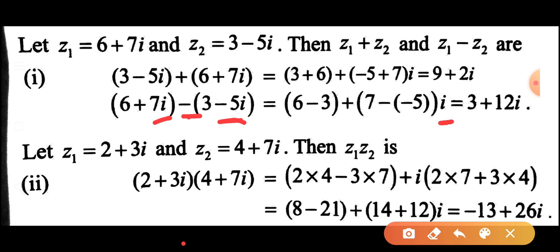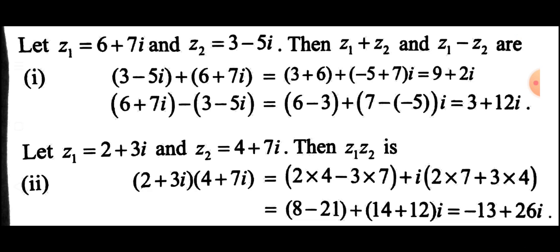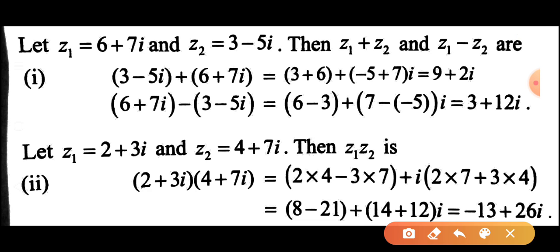But here also there is a minus, because it is z1 minus z2. So 7 minus of minus 5 into i. So 6 minus 3 is 3. Minus into minus is plus. We write plus, so 7 plus 5, 12i. So 3 plus 12i.